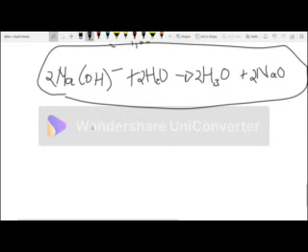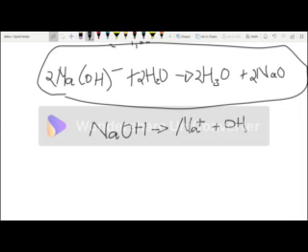So now, in this form, it's going to take the sodium hydroxide, which is a solid, so they're going to crack it. When they crack it, it's going to give us your sodium ion and your hydroxide.